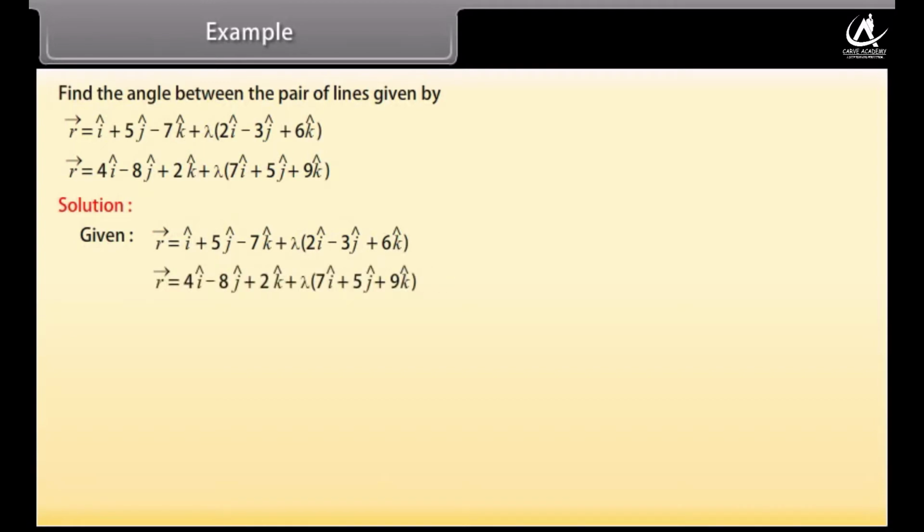Vector r equals 4i minus 8j plus 2k plus lambda (7i plus 5j plus 9k).